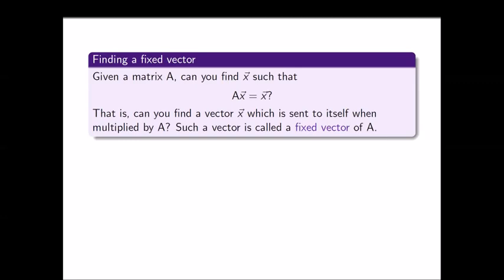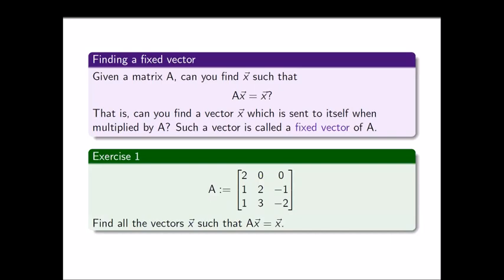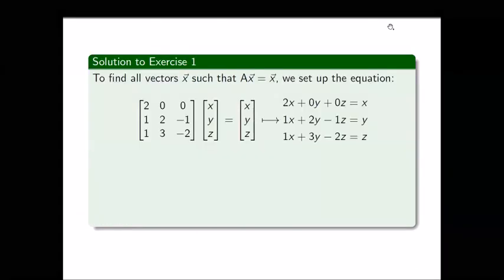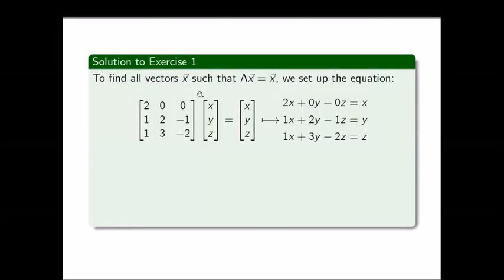So let's see an exercise first. We're given this 3 by 3 matrix with entries 2, 0, 0, 1, 2, minus 1, 1, 3, minus 2, and we want to find vectors that are fixed. To do that, we're going to write this matrix equation more explicitly. We're going to write this vector of variables as x, y, and z.